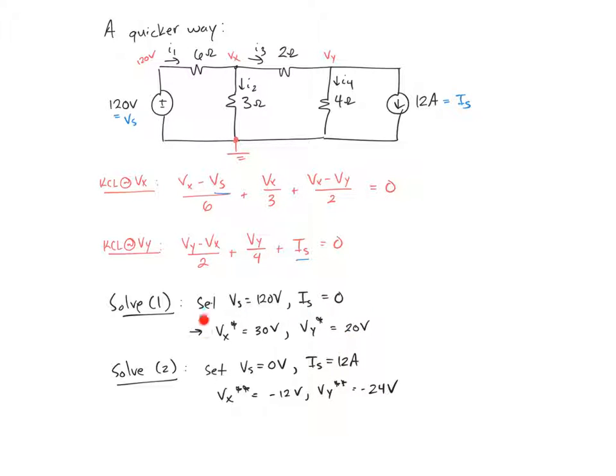And I get the solution that I got solving the problem in superposition using the first method. In part 2, I'm going to flip that and set Vs equal to 0 and Is equal to 12 and resolve the problem. This will save you a lot of time in constructing and redrawing circuits, as well as applying them using mathematics to solve the problem.